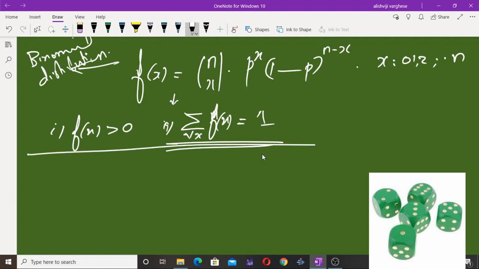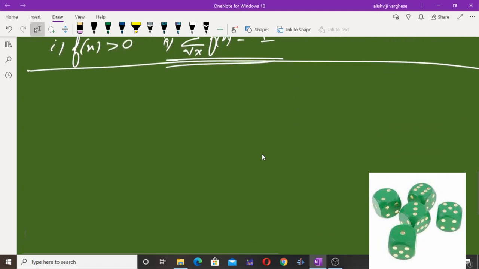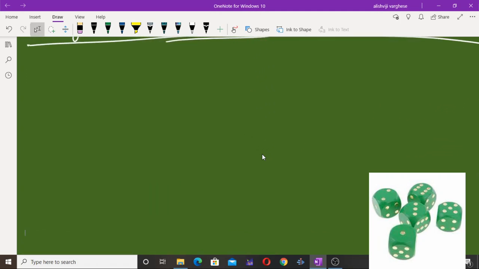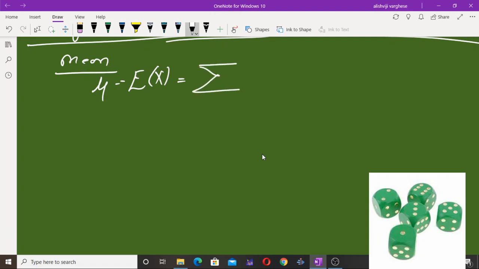Now let us calculate the mean and variance of a binomial random variable. Let's start with the calculation of mean. So mean is defined as expectation of x, usually denoted by the letter mu, and that's equal to summation for all values of x, x into the probability density function f of x, and this is equal to summation.